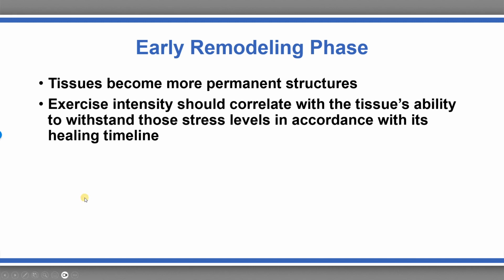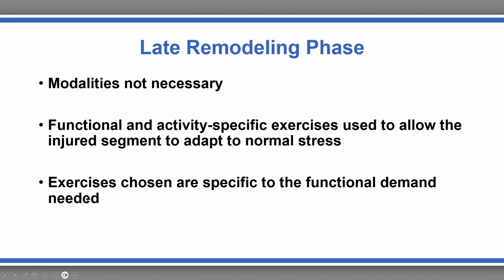Now, as we're moving into the later stages of remodeling, so the final stage of healing, modalities such as heat or cold therapies or electrical stimulation may not necessarily be prioritized. Rather, we should start to really focus on functional and activity specific exercise to allow for the injured segment to adapt to normal stress.